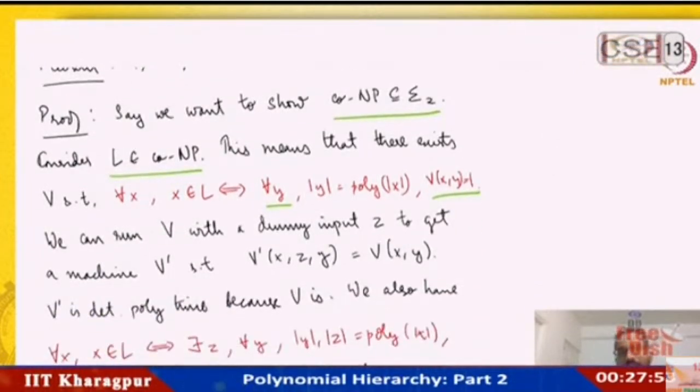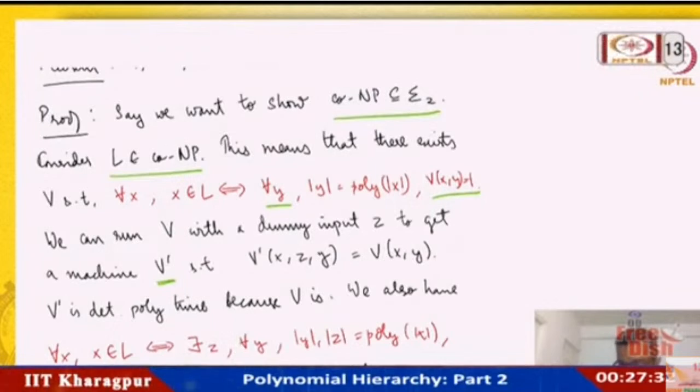Now this is the verifier. I could run the verifier with another input, a dummy input, which does not really change the outcome of the verifier. So I could define V prime as a verifier which takes Z also as an input. Remember, Z is a dummy input.